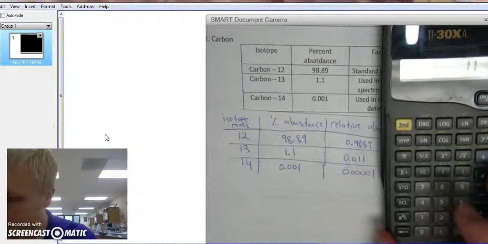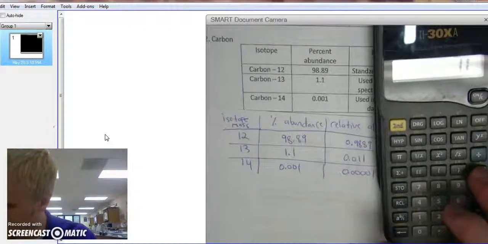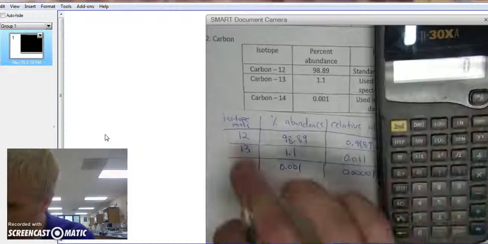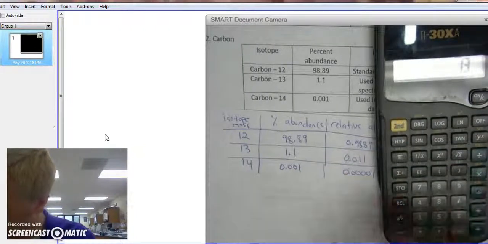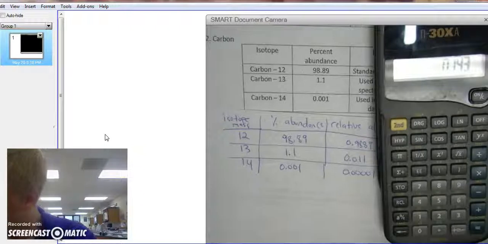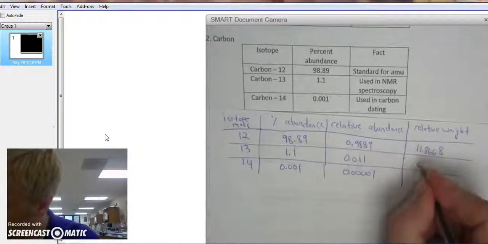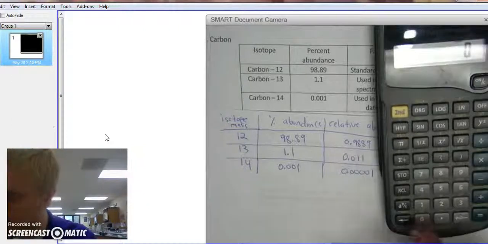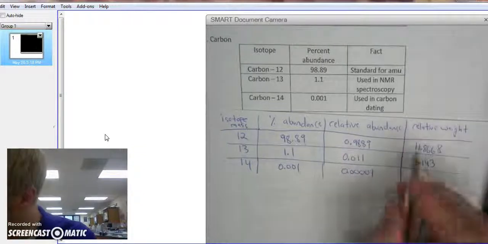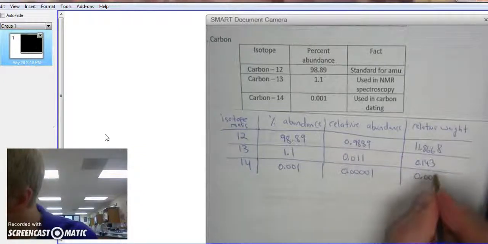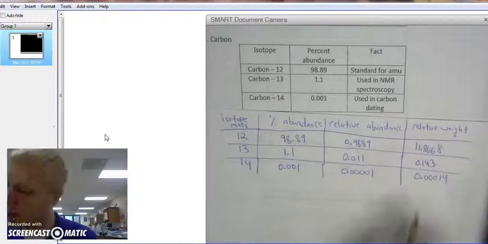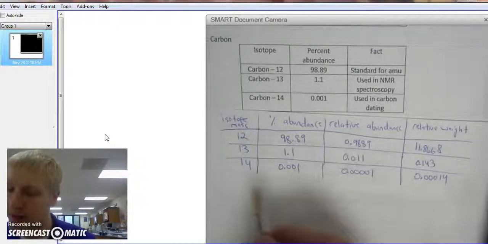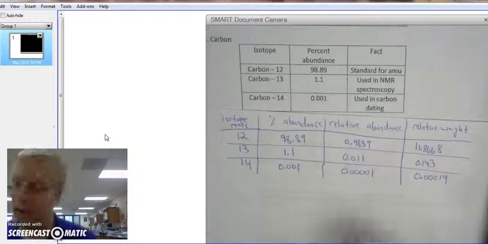Then 13 times 0.011 gives me 0.143. And I take 14 times 0.00001, which is 0.00014. So all I did was multiply my relative abundance by my isotope mass.